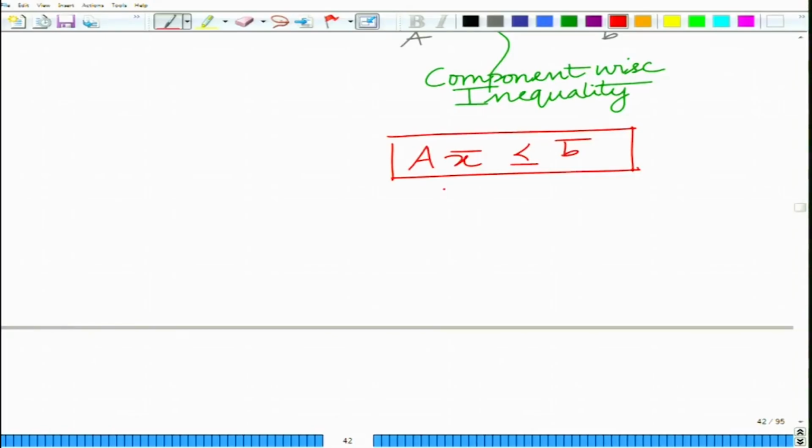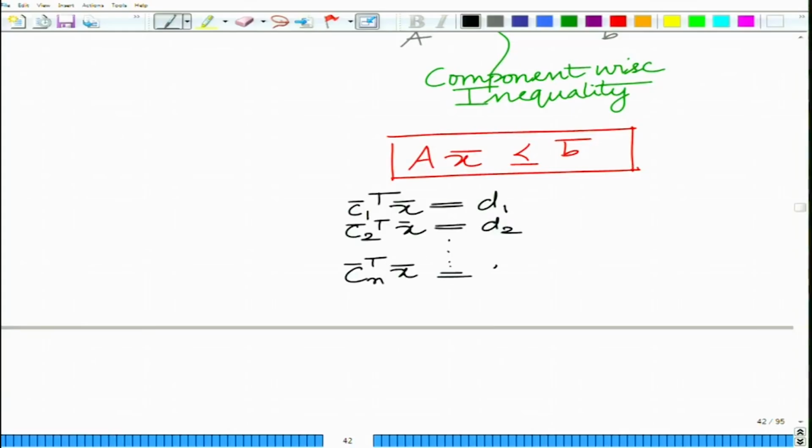Now, similarly, I can also formulate the hyperplanes as follows: C1 bar transpose x bar equals D1, C2 bar transpose x bar equals D2, up to Cm bar transpose x bar equals Dm.